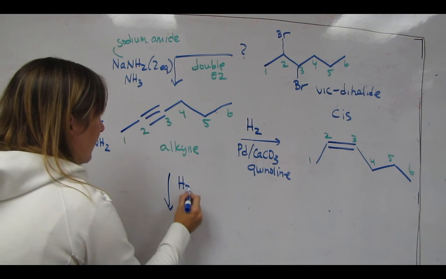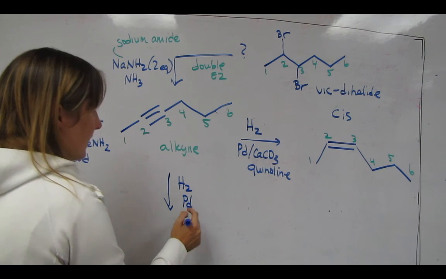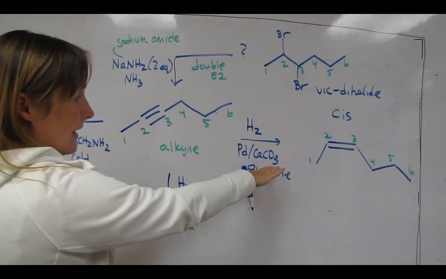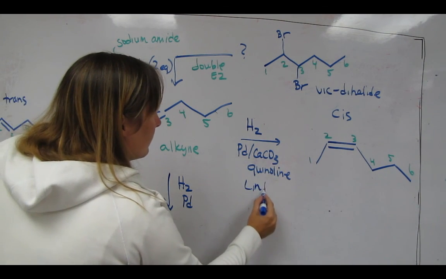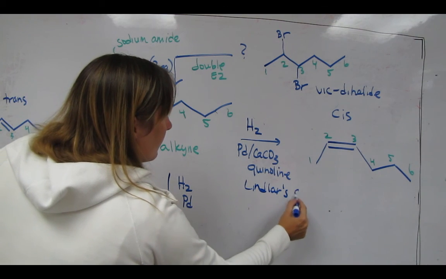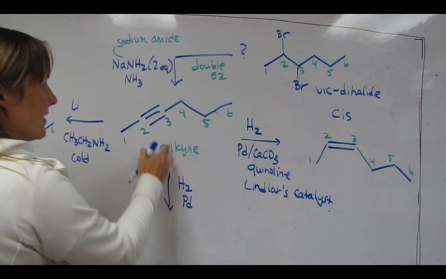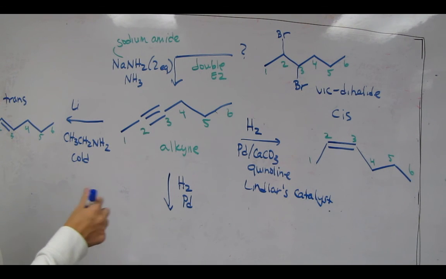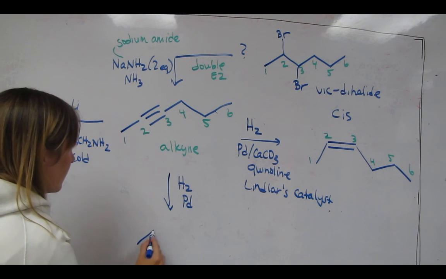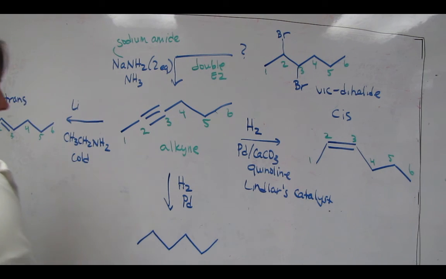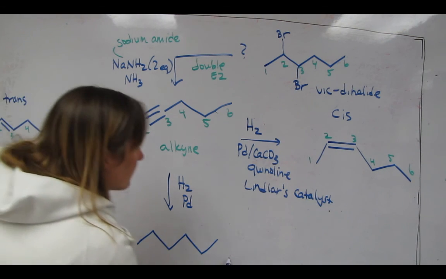And remember that if you use H2 and palladium without the poisoned Lindlar's catalyst, then what happens in this case is you reduce all the way to the alkane, and you can go straight to the zigzag for the alkane of your 6 carbons.